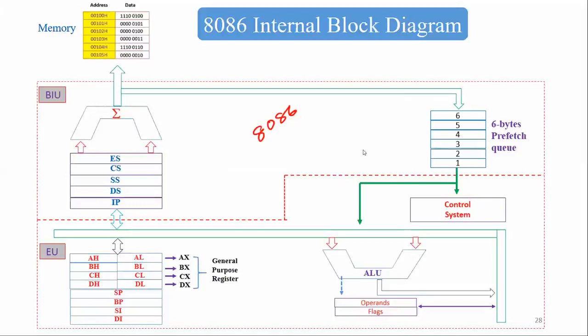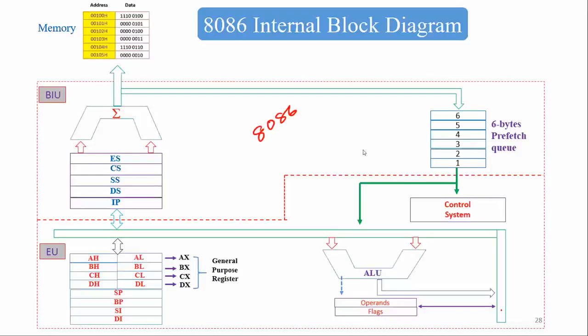So we have moved to the second part. Previously, if I summarize the first part, we have seen read-write operation. We have seen the addresses, contents, and how the addresses are related. Now we have moved to the second part, and this is the internal block diagram of 8086. Is it okay? Yes, sir.